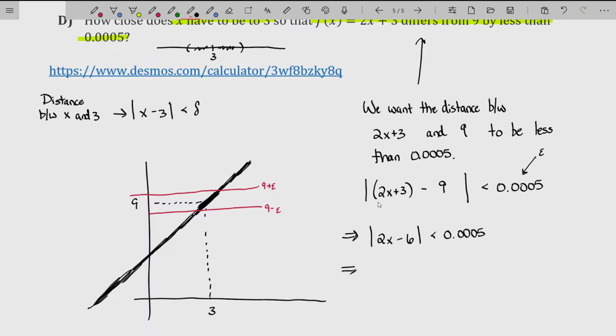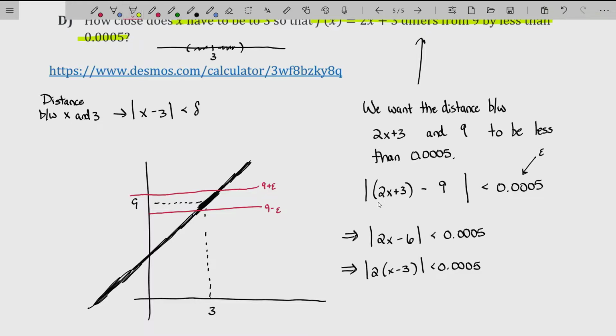And a little bit of algebra: 2 times x minus 3. You should notice something magical just happened, because I want to eventually end with an absolute value of x minus 3 being less than something. That will tell me what delta is. Whatever that something is, that's going to be my delta.